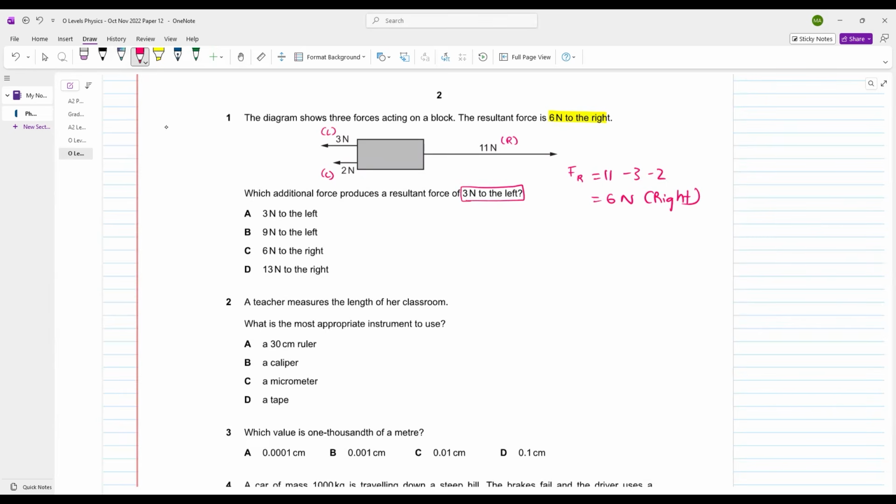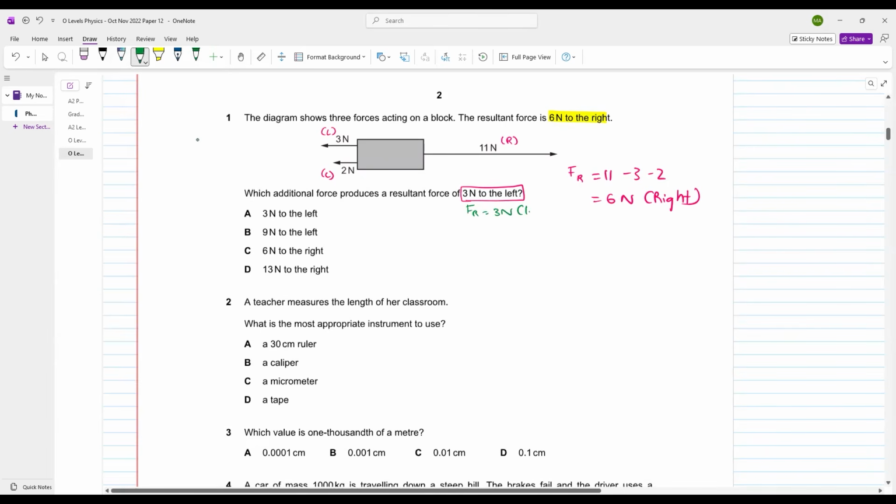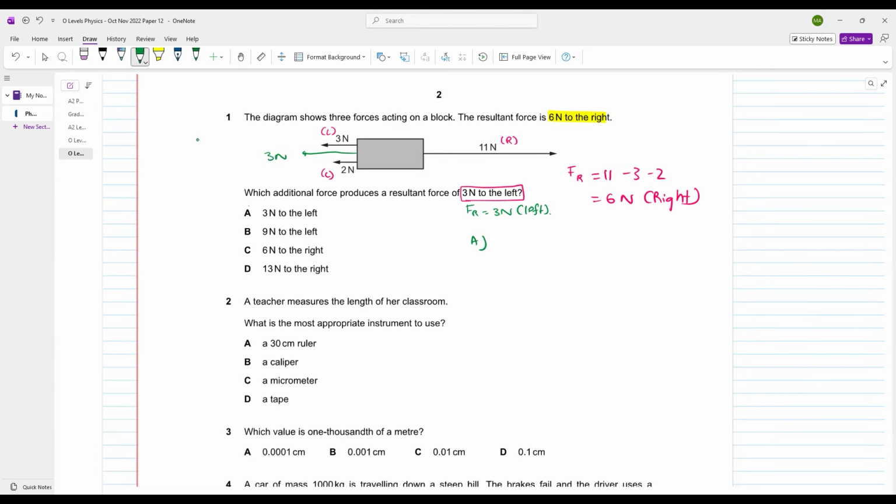Okay. So beta, what you have to do is make the resultant force 3 Newton towards the left. How will you do that? First of all, let's do one thing. We analyze option A. In option A, it says if I add a 3 Newton force here, if I add a 3 Newton force towards the left side, what will your resultant force become? The resultant force will be 11 minus 3 minus 3 minus 2. This will come out to be what? 3 Newton is your resultant force, but this resultant force is acting towards the right.